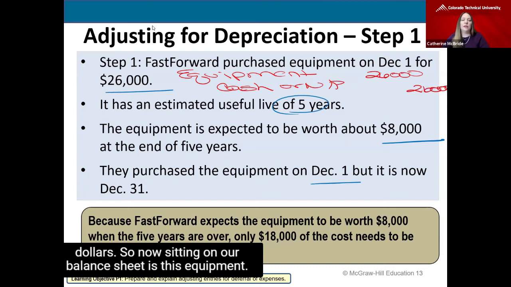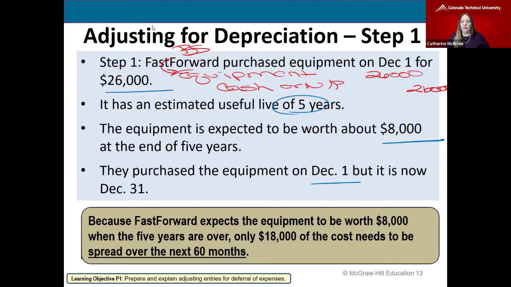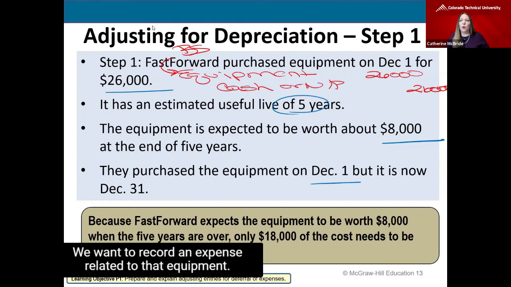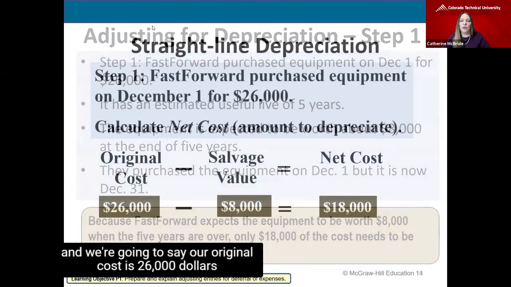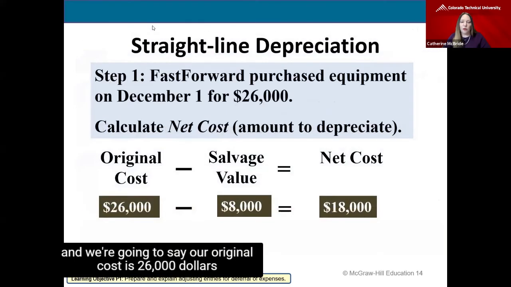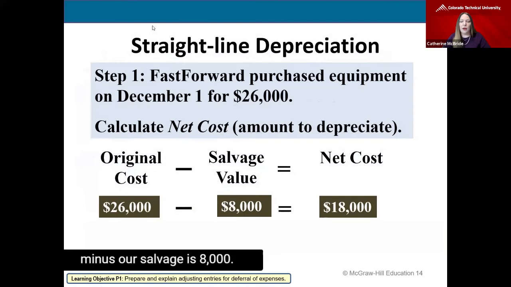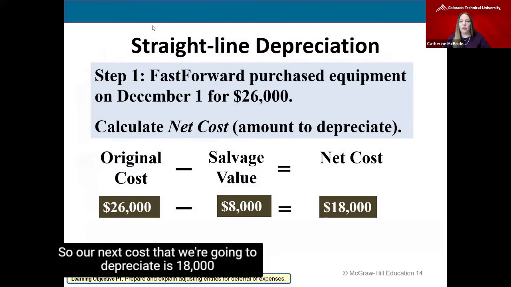So now, sitting on our balance sheet is this equipment. We want to record an expense related to that equipment. So what we're going to do is we're going to use our formula, and we're going to say our original cost was $26,000 minus our salvage is $8,000. So our net cost that we're going to depreciate is $18,000. That's called our depreciable cost.